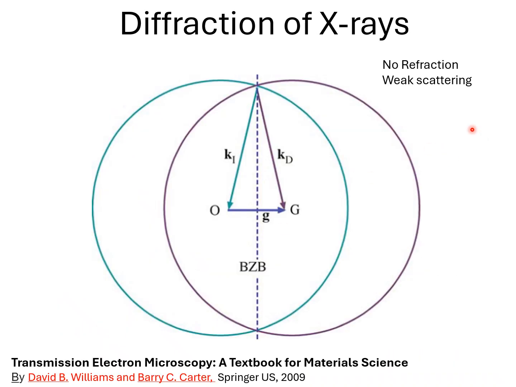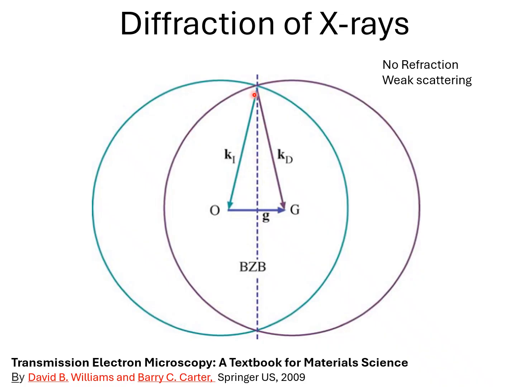So in a non-dispersive medium, or if we're thinking about kinematical electron diffraction, we don't consider the formation of any of these refracted waves. There's no refraction and weak scattering. And this is how the diffracting vectors would be envisaged in an Ewald sphere construction.